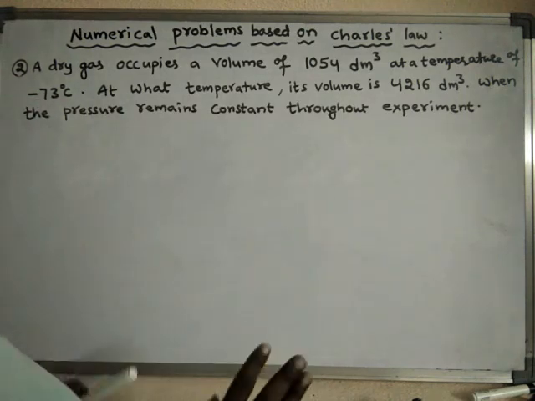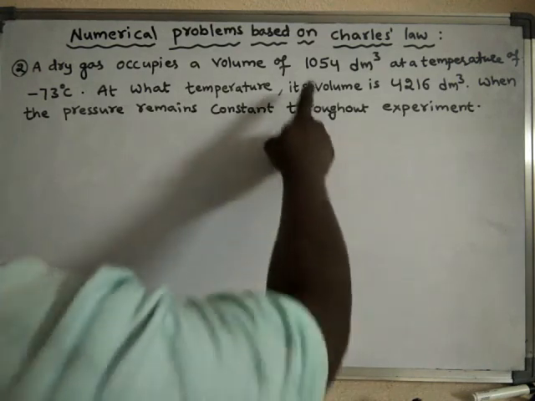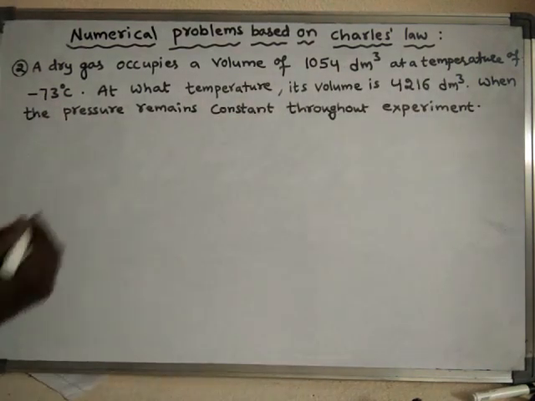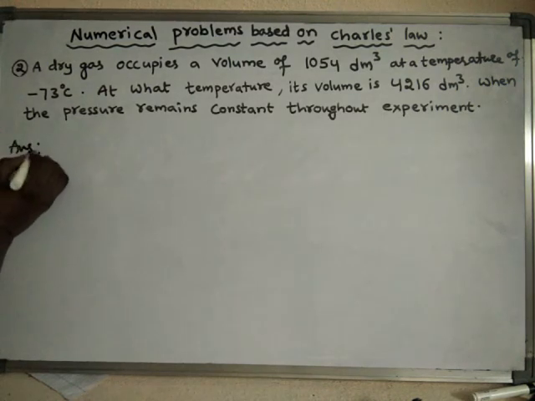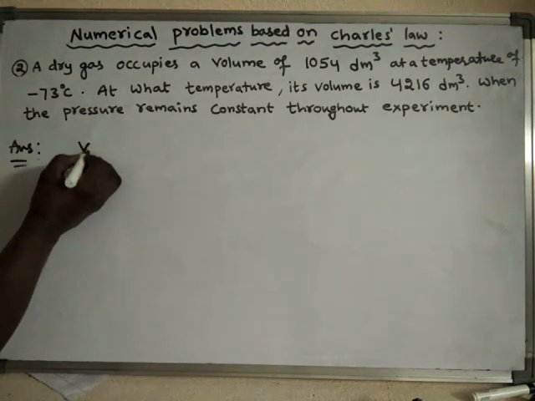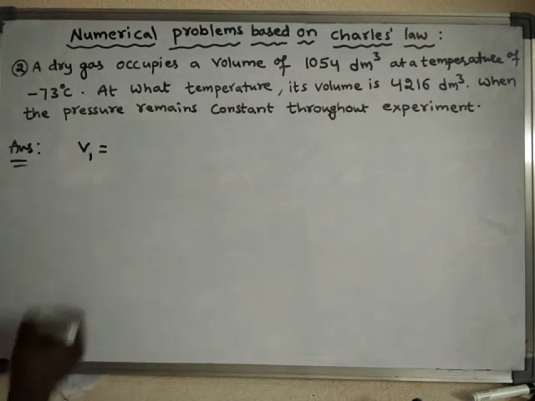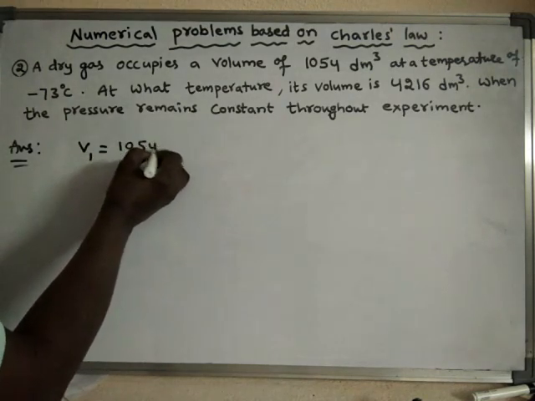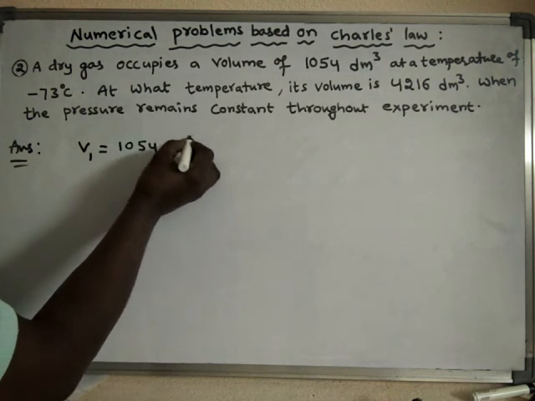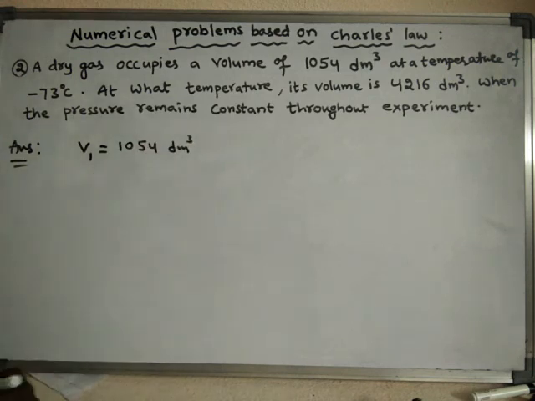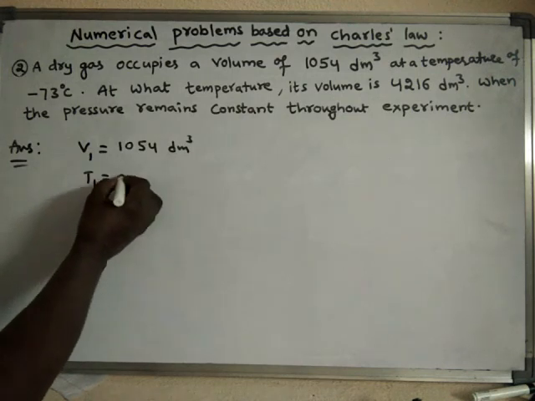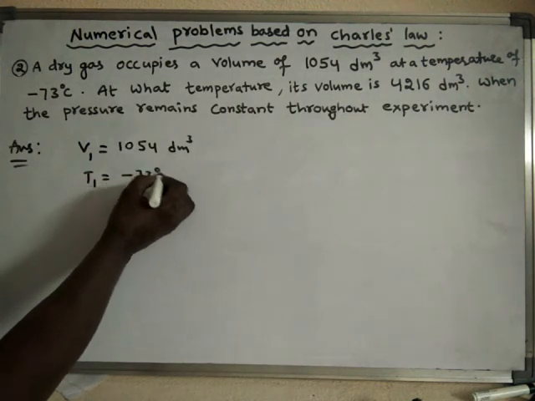Let us think that this is the initial volume and this is the initial temperature. To solve this problem, the initial volume of the gas is 1054 decimeter cube, and the initial temperature is equal to minus 73 degrees centigrade.